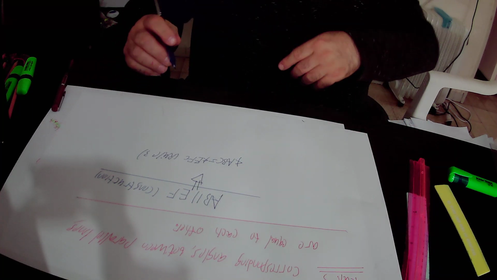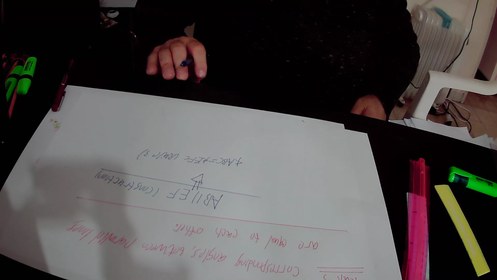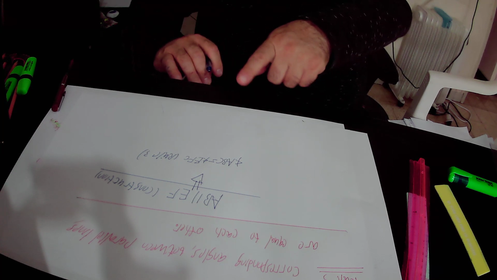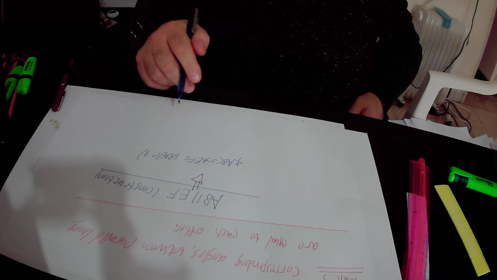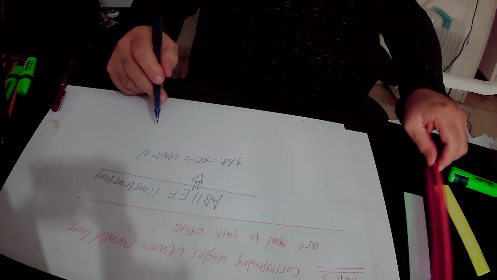I'll repeat again. Angle ABC and EFC are corresponding angles located between the parallel lines AB and EF, therefore they are equal to each other according to rule number 3.